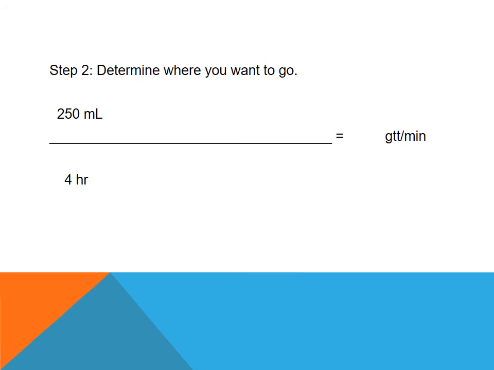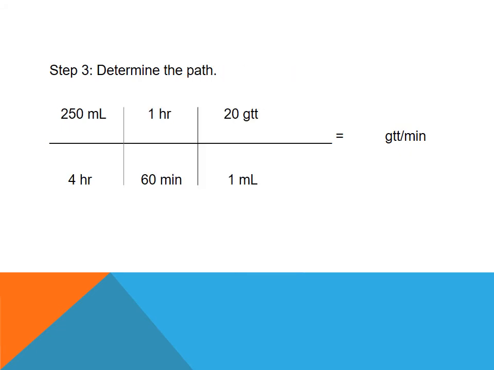First, we have to implement a conversion factor of time. We know that if we have a symbol, we need another symbol to cancel it out. So we have a symbol of hours here. We know that 1 hour equals 60 minutes. 60 minutes is in the end of our equation, so we definitely want to keep that.